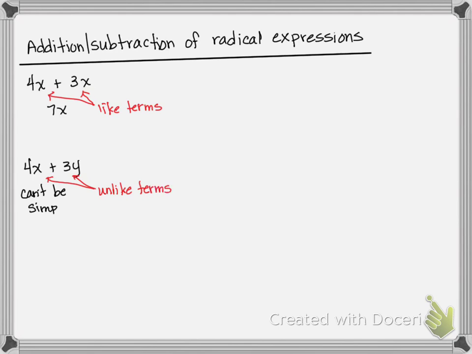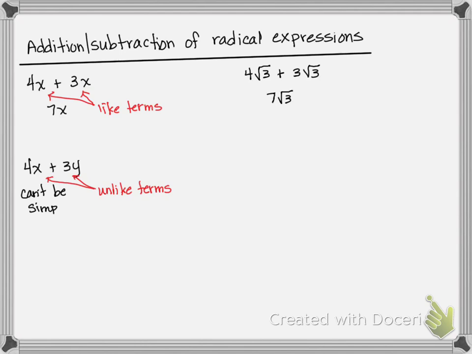So the same thing is going to work if instead of an x, we have a radical symbol. So if I have 4 times the square root of 3 plus 3 times the square root of 3, what do you think that's going to be? Oh, nice. 7 times the square root of 3. Good.